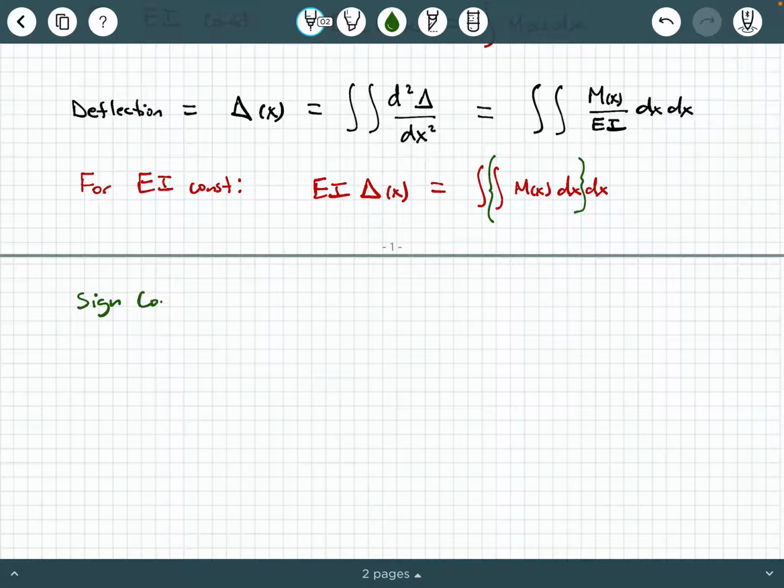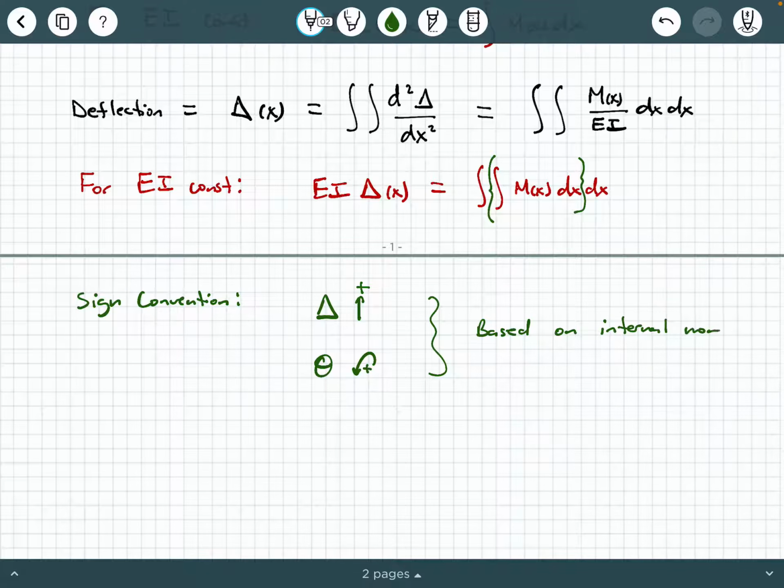So for the sign convention, we're going to take deflections as positive upward and rotations as positive going counterclockwise, and these are based on internal moment M as a function of x causing the beam's free body diagram to bend concave up.